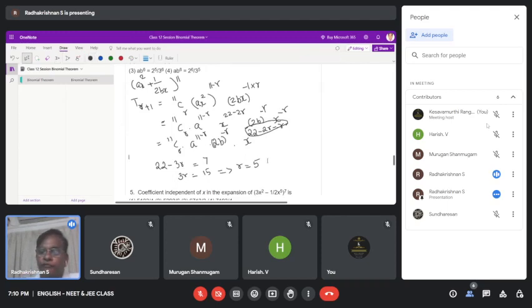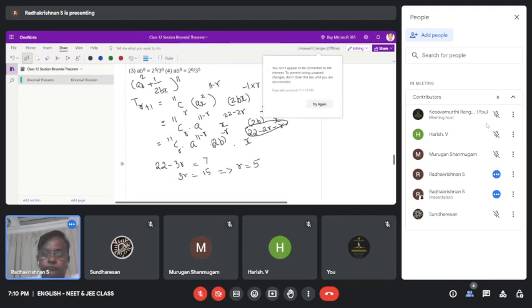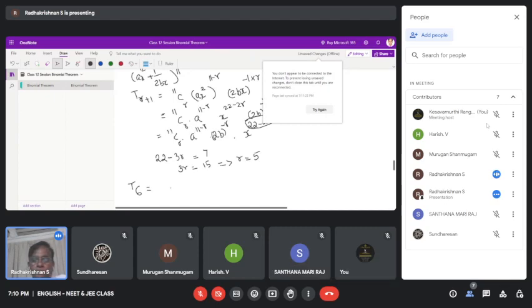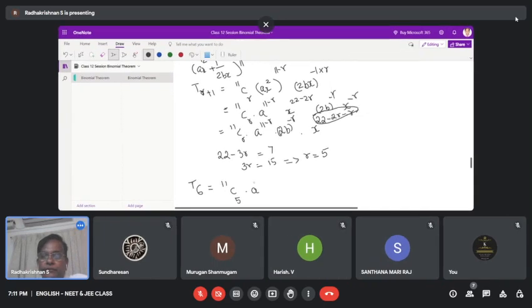So for r equal to 5, that means the r plus 1th term, the 6th term. And what is that 6th term now? We can write from here, where we have simplified: 11C5, that is 11Cr a to the power of 11 minus r and 2b to the power of minus r.